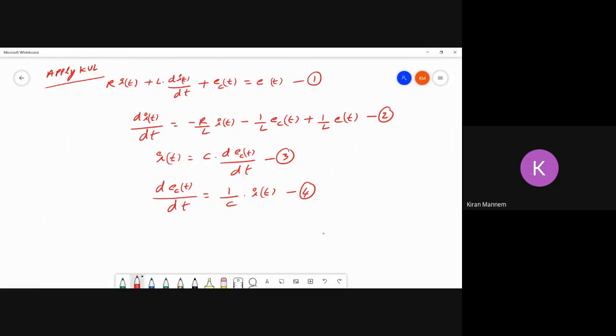Now look at equations number 2 and 4. Can we put these two equations in matrix form?